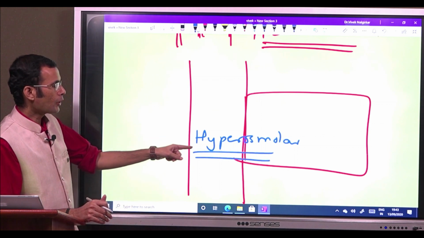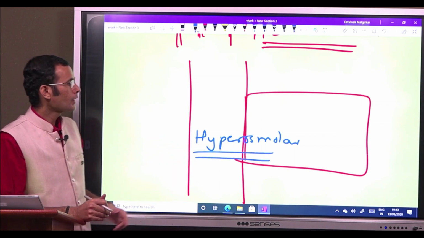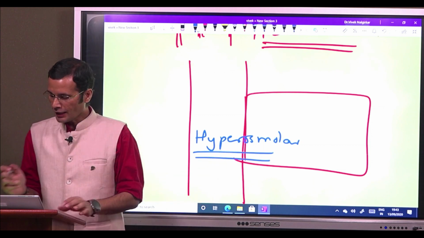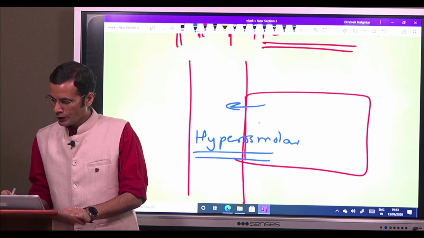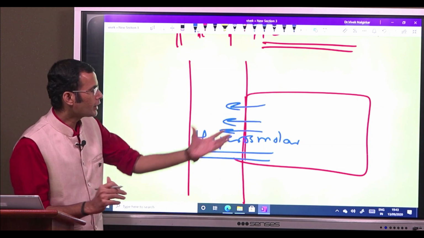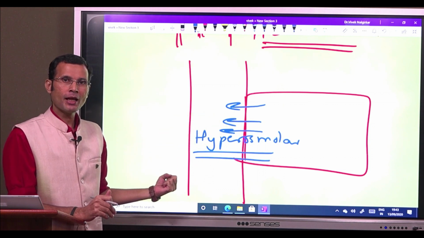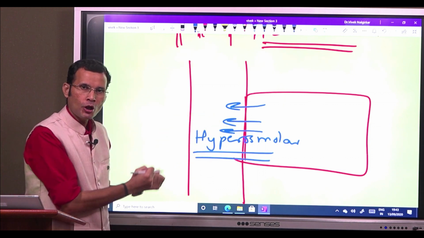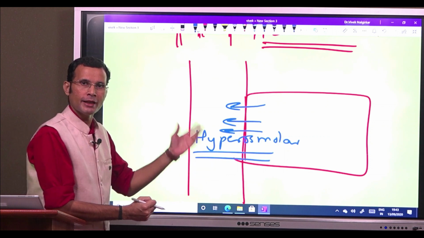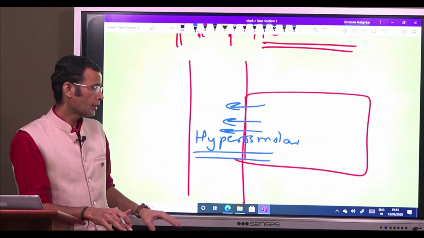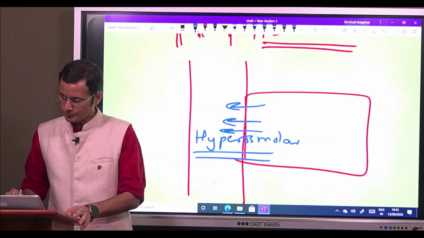So naturally the water will come out of the cells into the plasma. Water will be pulled out of the cells into the blood vessels by osmosis, because the plasma is hyperosmolar.